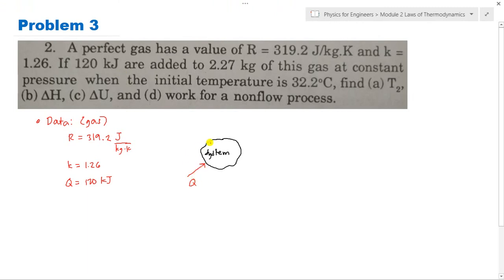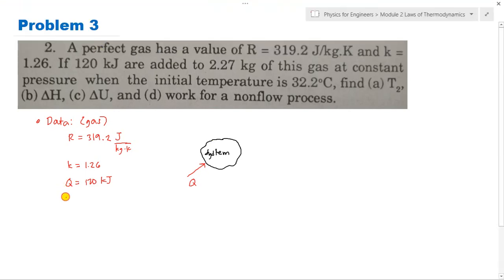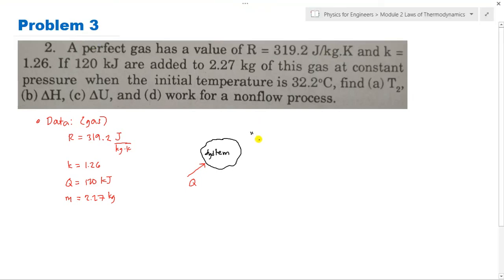Then we also have a mass, given po ang mass. So we have mass of our system that is 2.27 kilogram. And then ayun siya at constant pressure. So therefore the process here is at constant pressure. So indicate nimo process at constant pressure.